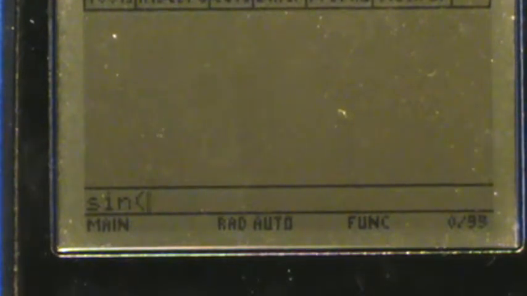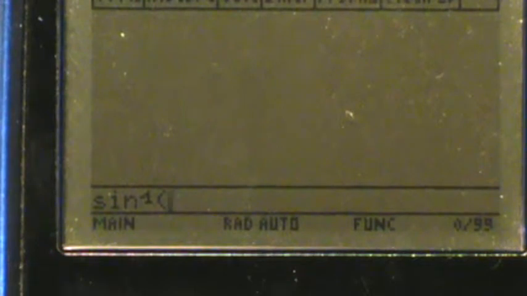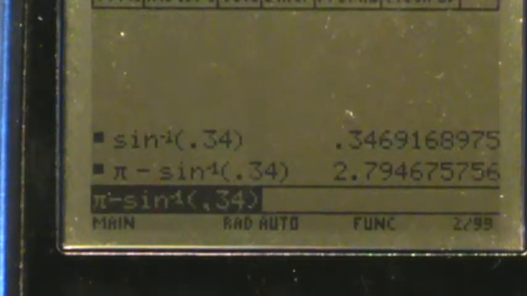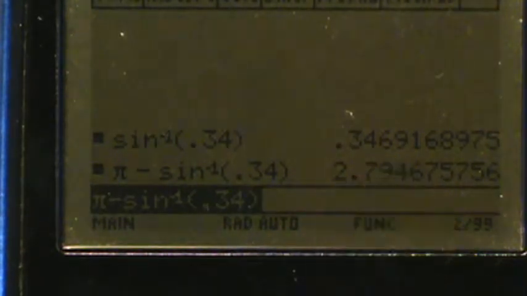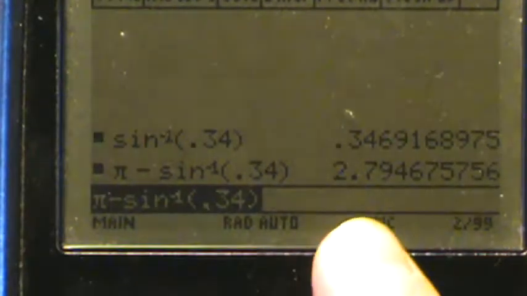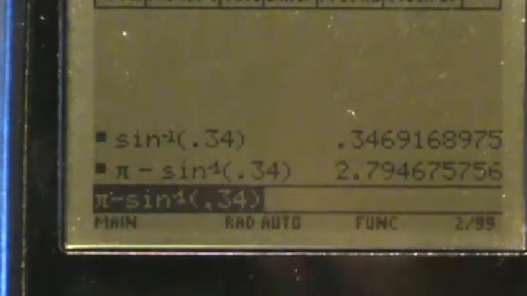Be careful about that. So we want to do the inverse sine of 0.34. And then we also wanted to do pi minus that. Okay, so our answers for part A are about 0.3469 and about 2.7947, we'll say.